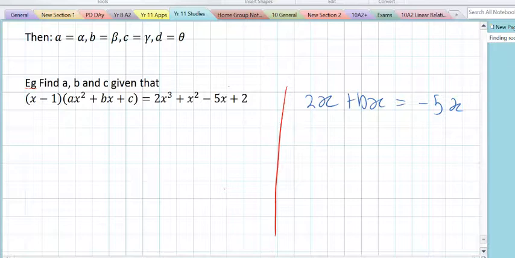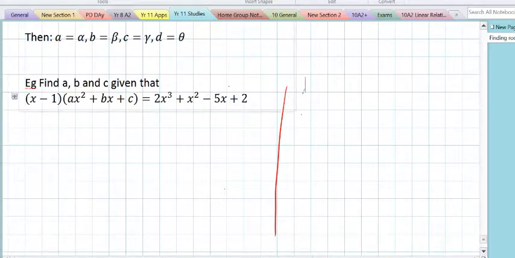Copying mistakes are horrible. From the top then, how do we get A and C? Good. So C is minus 2. A is 2. Yeah? Now try for B. So using the x squared term, eventually we're going to end up equal to x squared.